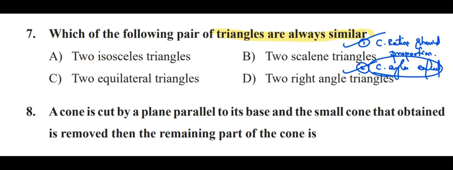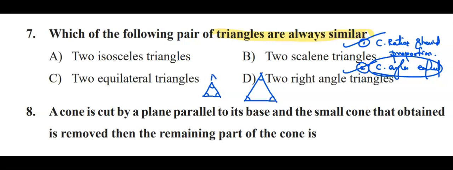For an example, let me take one small image. Let me take this triangle. Okay. Let me take one more triangle. Now what angle is here? Even here also it should be the same angle.